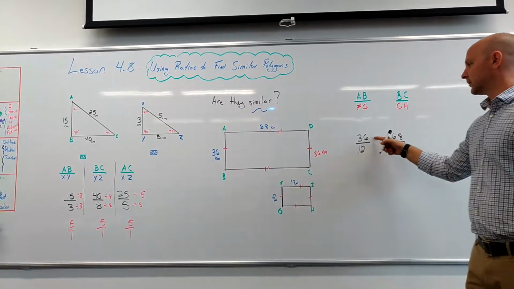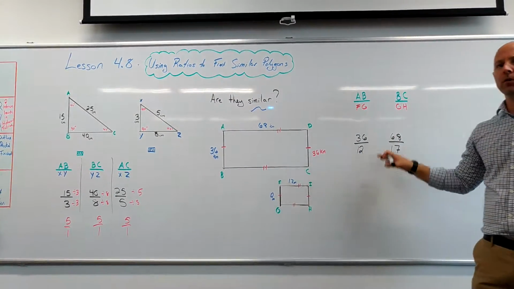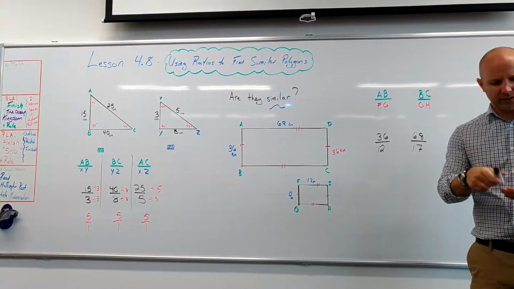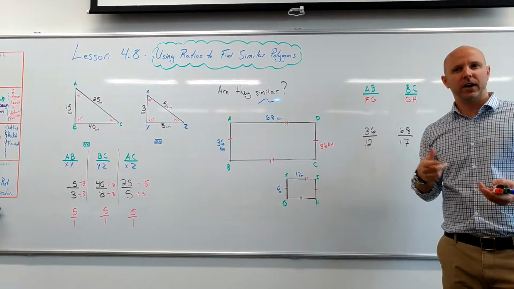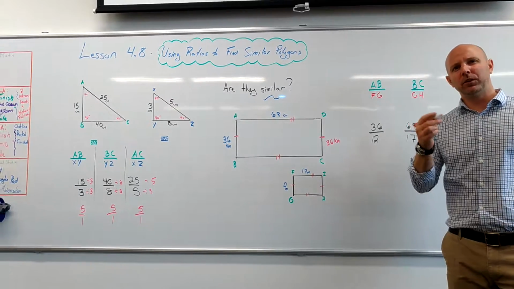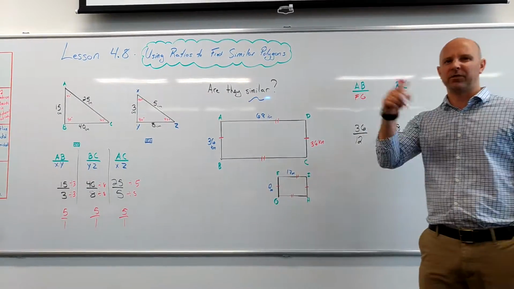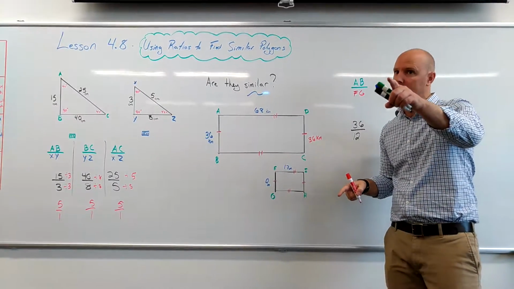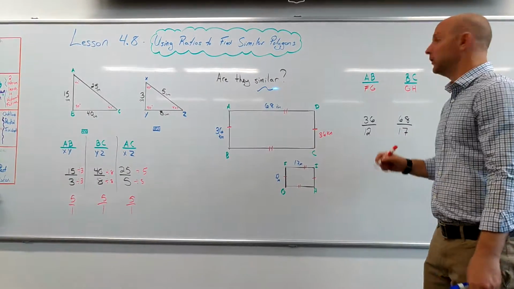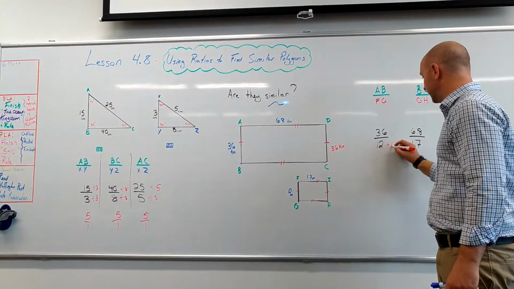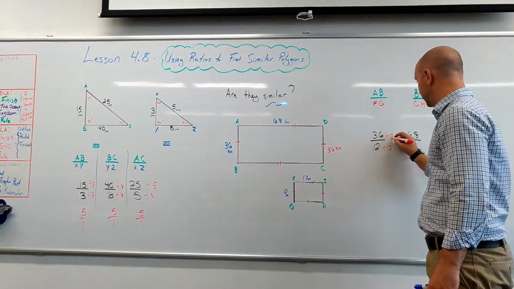I have 36 over 12. There's something that both of these numbers can be divided by. I feel like there's a common divisor between these. Anybody, Nate, what do you think? 3? 3 is a good number. You're right, but I'd have to do it again if I did 3. So 12. I'm going to divide by 12, and of course I do the same to the top.